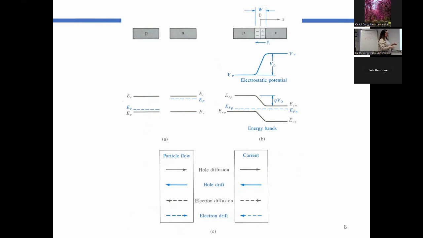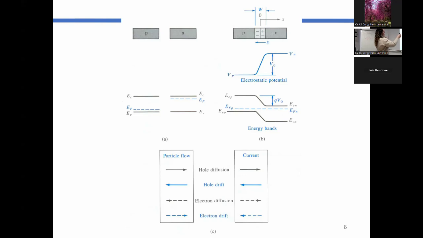So analyzing the hole diffusion and the hole drift. If we have the N-type on the right and the P-type on the left, the hole diffusion will be to the right and the hole drift will be to the left. And the opposite comes from the electron.